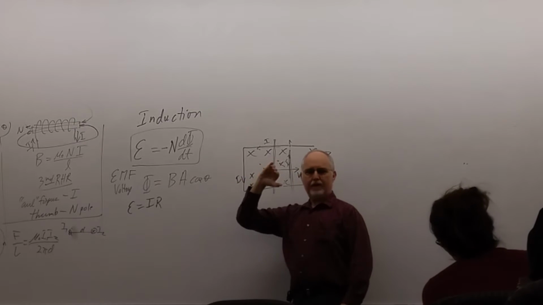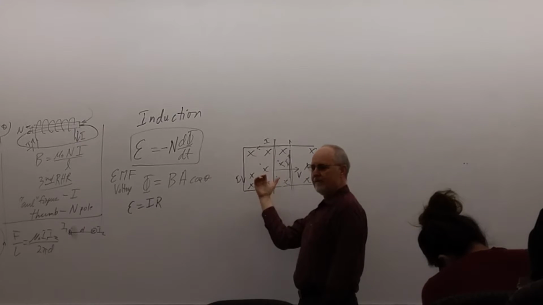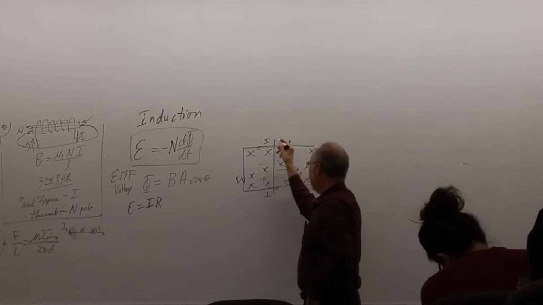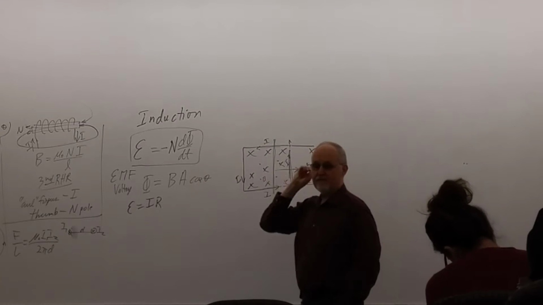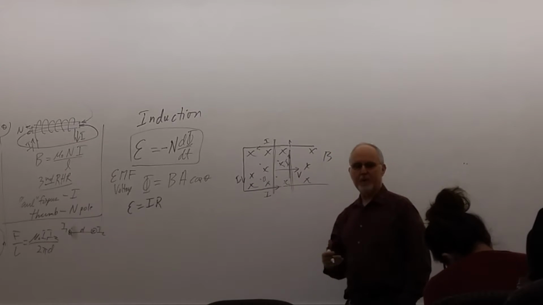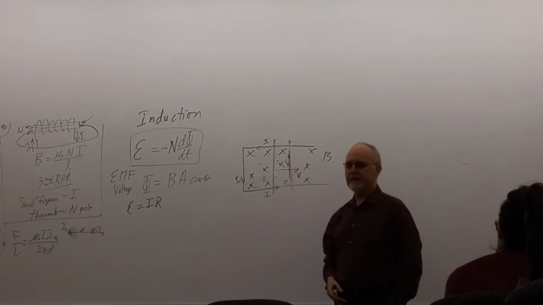Now on this side, fingers are coming out of the board, and down here on the bottom, if it's going left to right, above it, fingers are coming out of the board. So current would be going around counterclockwise for this particular situation. You're applying what's called Lenz's law to tell which direction the current is.